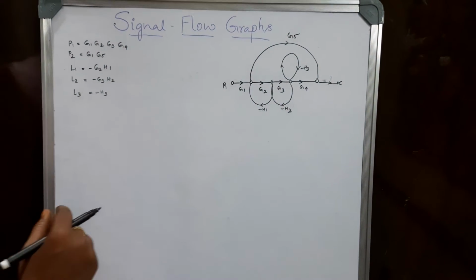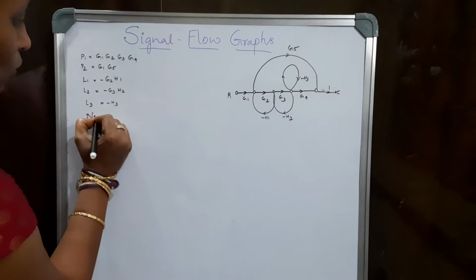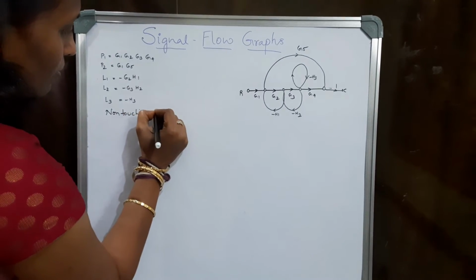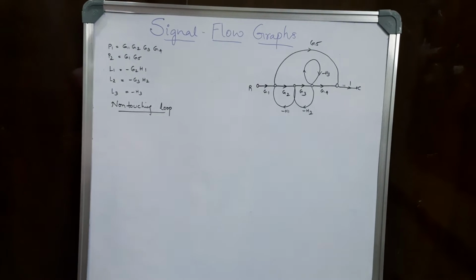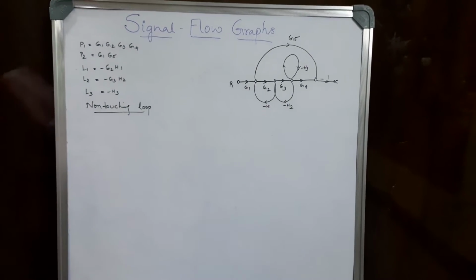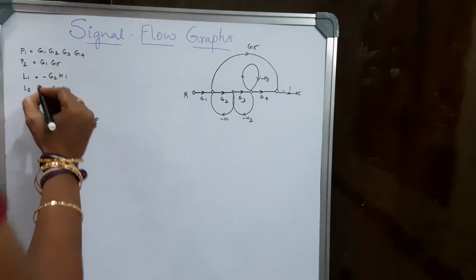There is one more definition we need to know here, which is called non-touching loops. Non-touching loops are defined as loops that have no common nodes, so here we consider only the loops.